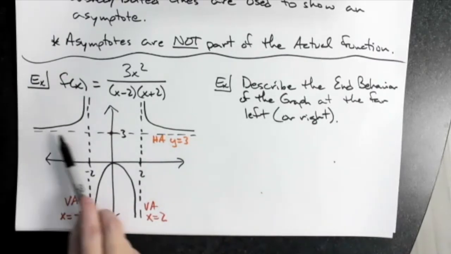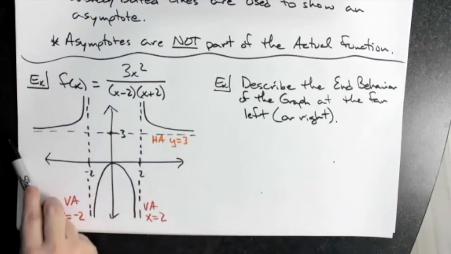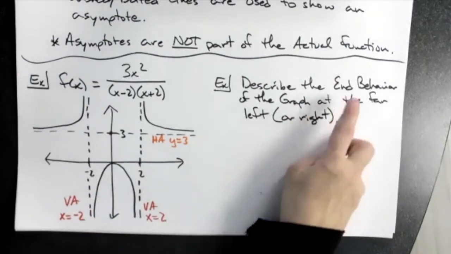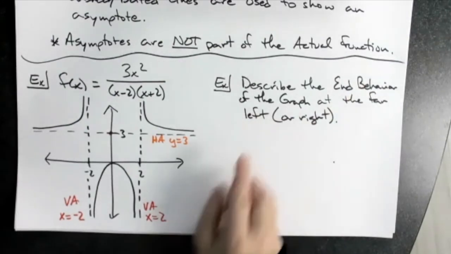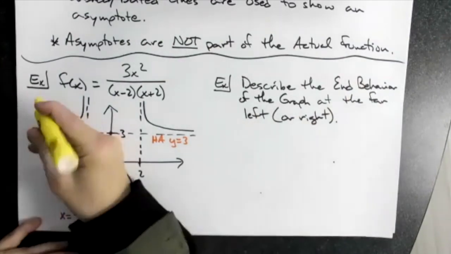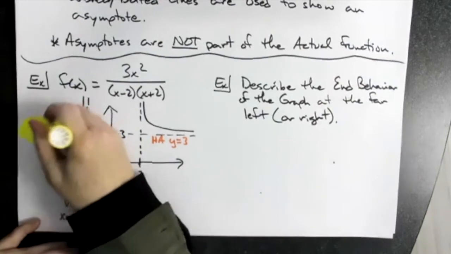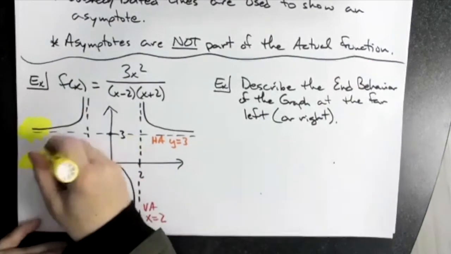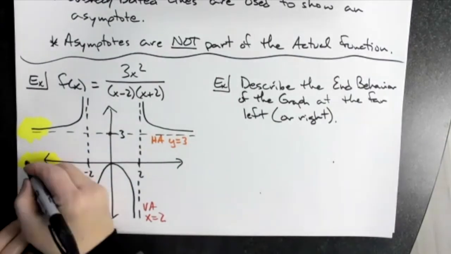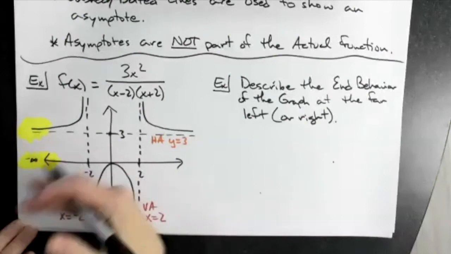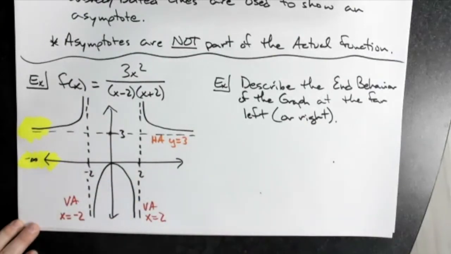That horizontal asymptote also goes on. So when I want to describe the end behavior at the far left of the function, I'm looking right in here, which corresponds to right down here on the x-axis. Now, hopefully we know that over here is negative infinity, because that's the far left going to negative infinity.